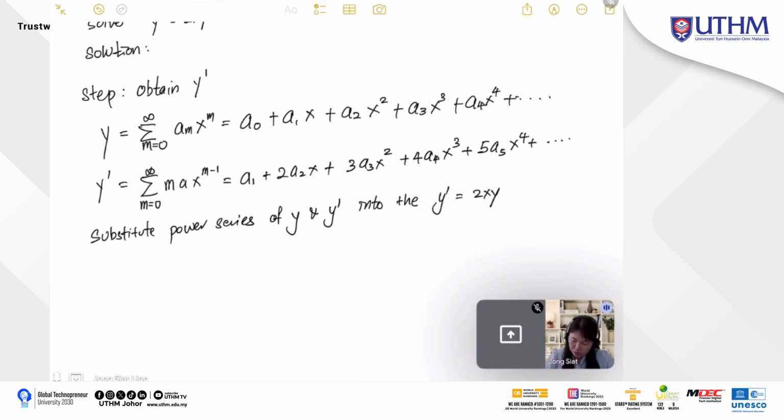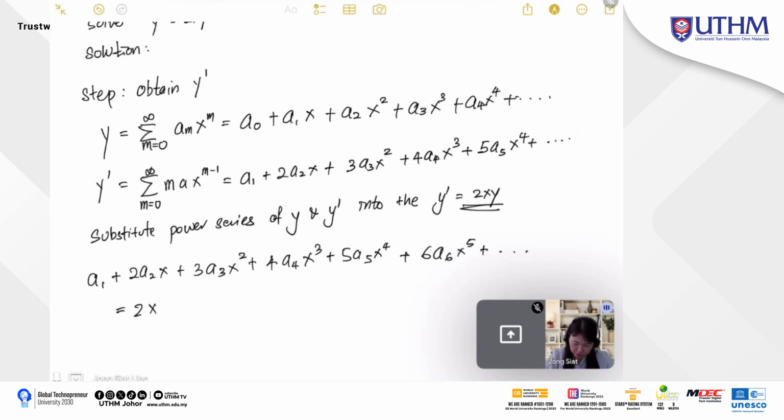Your y prime is a1 plus 2a2 x plus 3a3 x^2 and so on, equal to 2xy.